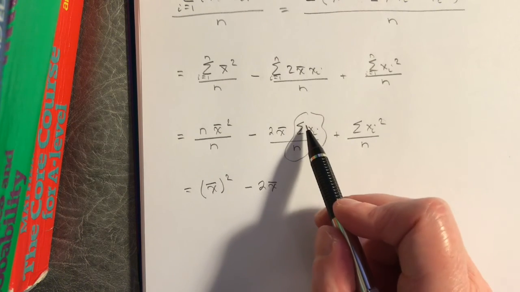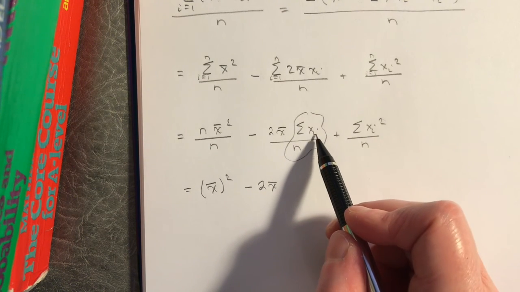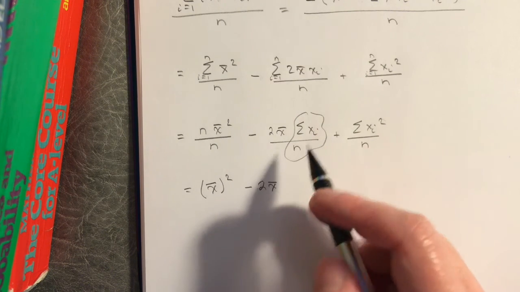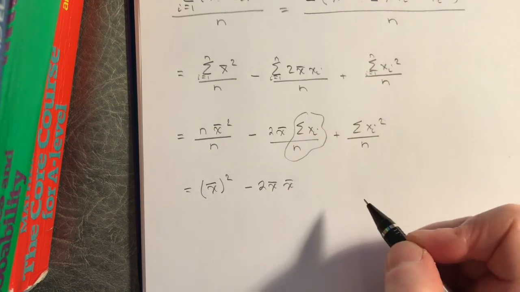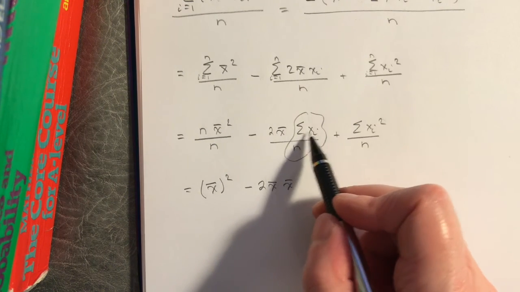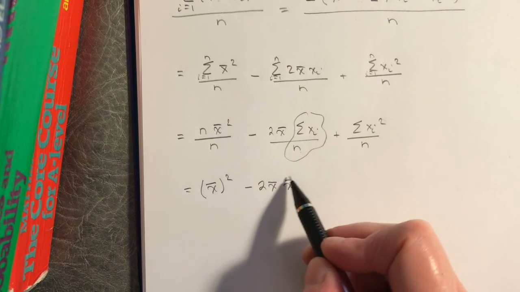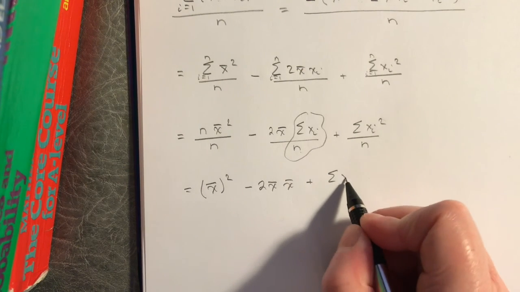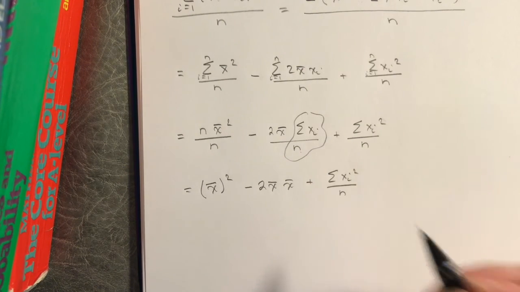This piece is saying add up all your data points and then divide by how many you have. That's what x bar is. Add all the data points up, divide by how many you have. That's the mean. That's x bar. And then this last piece just hangs around, like I said.